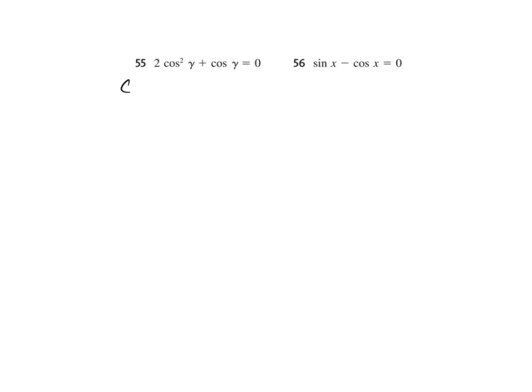Okay, so now we're going to factor out a cosine, and we get cosine times 2 cosine plus 1 equals 0. So where's the cosine of x equal to 0? X is 0 at 0 and pi. And 2 cosine plus 1 equals 0.